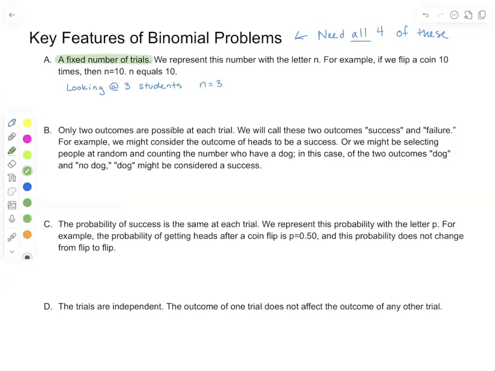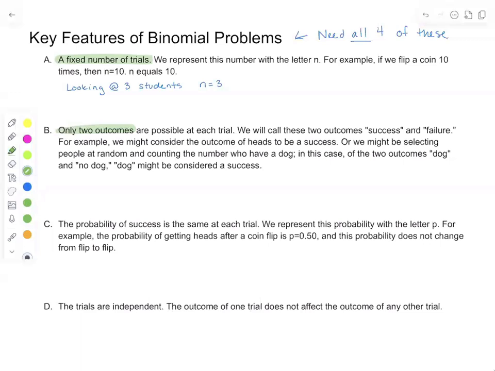The next thing that we need is that there are only 2 outcomes. This doesn't work for more complicated situations. We refer to these 2 outcomes as success and failure. It doesn't actually have to be something where one is positive and one is negative, but we think of one of them as being successful, we have met a requirement, and one isn't. So, for example, having a dog, I think it's a great thing, but it's not automatically a success.